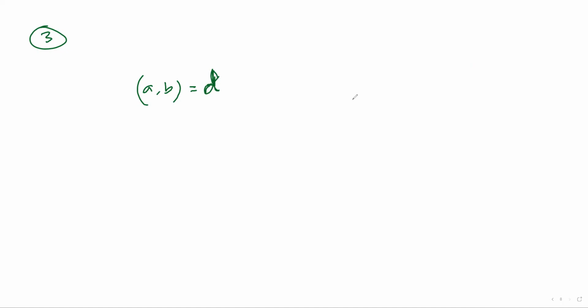Now, from Euclid's algorithm, you have A equals B Q1 plus R1. We are guaranteed to get a unique pair Q1, R1, right? So from here, make R1 the subject to get A minus B Q1.